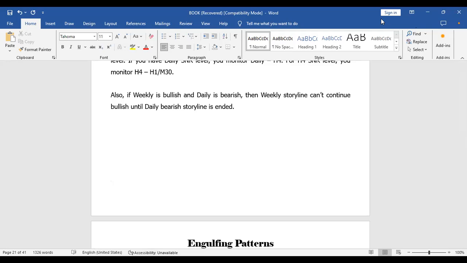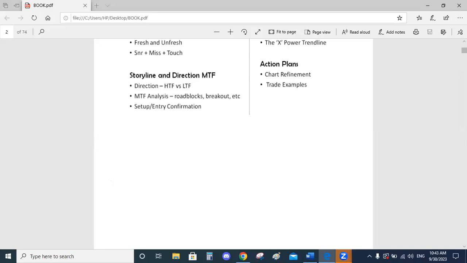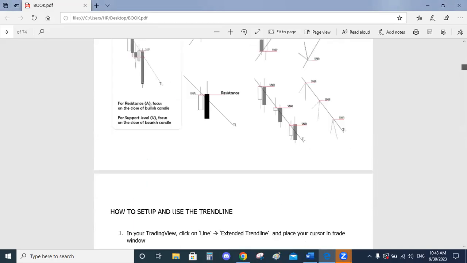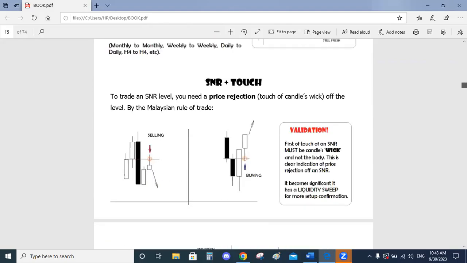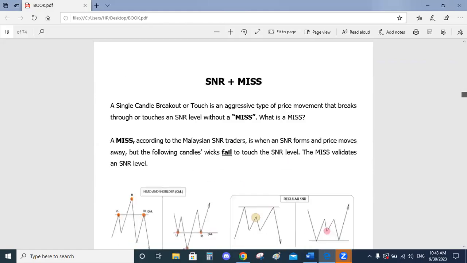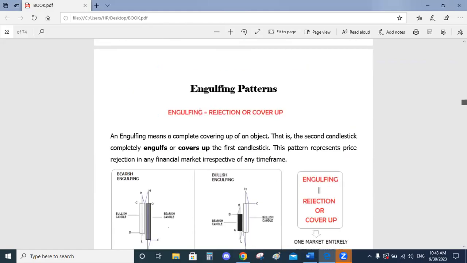It shouldn't be the PDF. It shouldn't scatter like this.